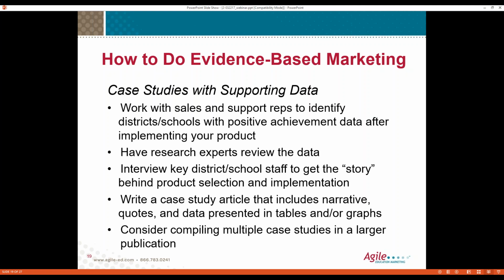And when we think about people who might be enticed to read this, they want to read about districts or schools that are in similar circumstances to theirs, and they're also looking for tips or guidance as to how best to implement. So if you can not only get the administrator perspective, but also the teacher perspective, I think it makes for a more compelling story and a more valuable story for readers.